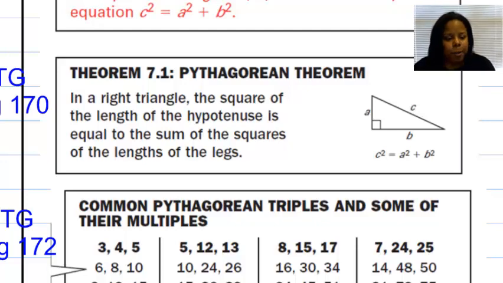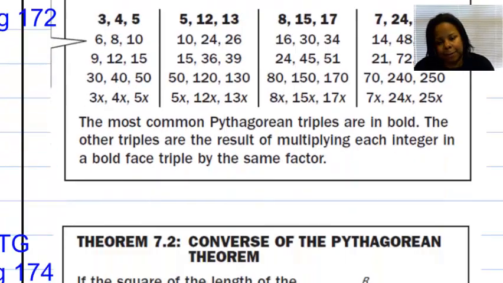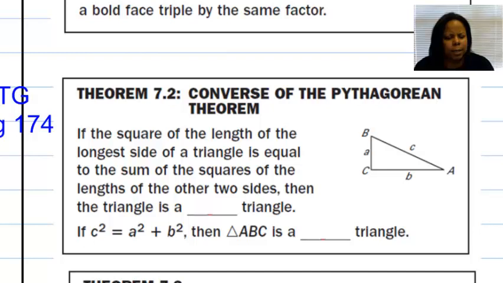So if we were to switch it around, it says that if the square of the length of the longest side of the triangle is equal to the sum of the squares of the lengths of the other two sides, then the triangle is a right triangle, because of the fact that we're talking about equals.